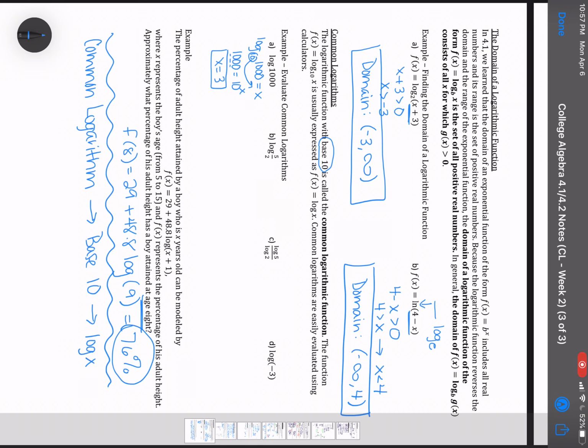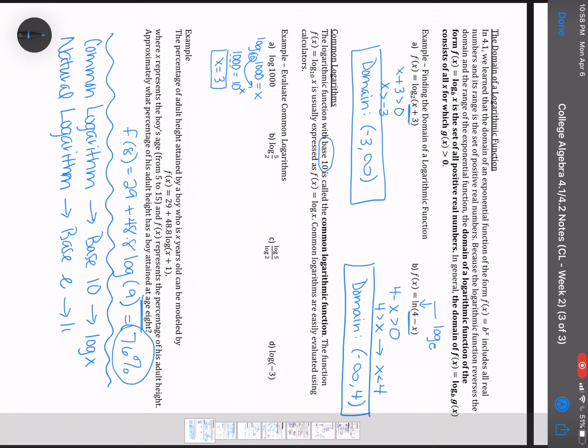And that just is an understood base 10 when there is nothing written. The other one we're going to see, and we'll talk a little bit more in 4.3, is our natural logarithm. And this is when we have base e.